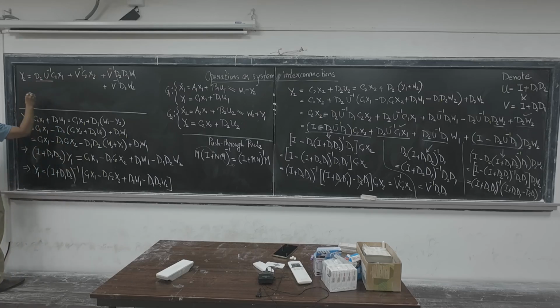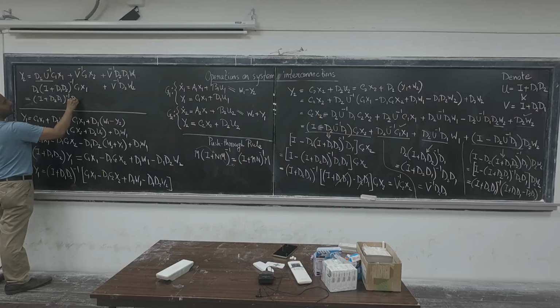So here D2 U inverse means I plus D1 D2 whole inverse, right? C1 X1. Then the D2 has to go inside, D2 D1 whole inverse, then D2 will come here.